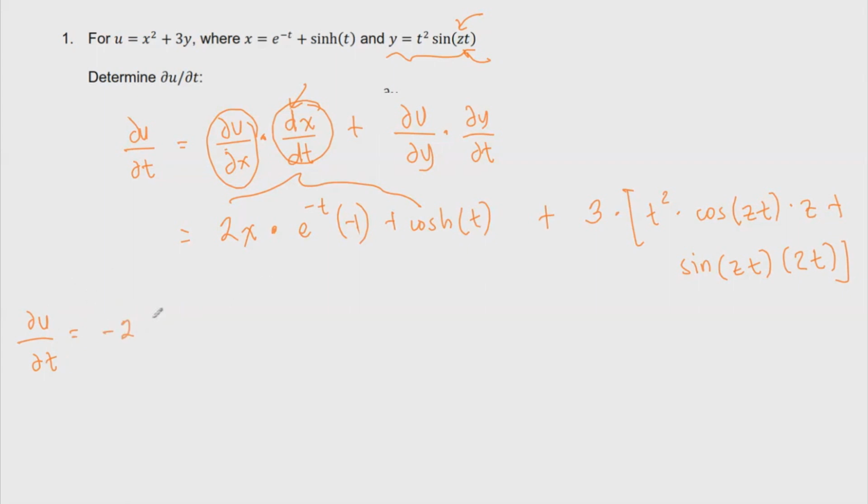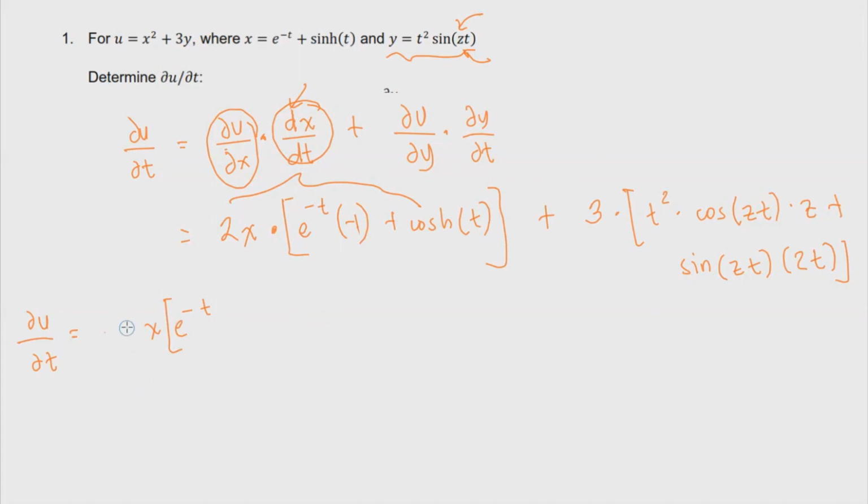Okay. So with this, we can rewrite the partial derivative of u with respect to t in a way that it's, I think I'll be using 2x e raised to negative t, plus cosh of t. This one is supposedly to be multiplied, so we have here a bracket. So let's actually write this one.